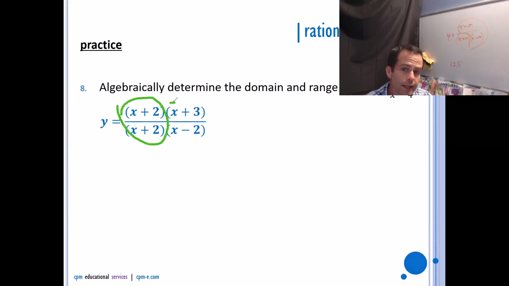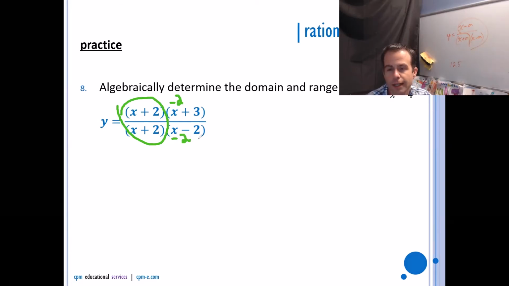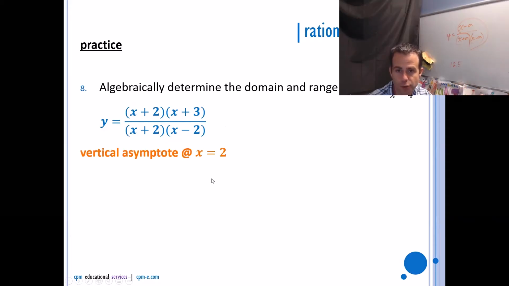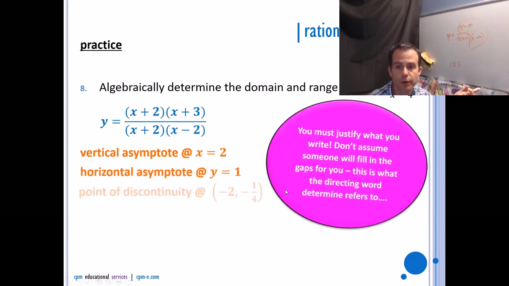Well, if I plugged -2 into the simplified version, that would get me -2 plus 3 on the top, which is 1. -2 minus 2 on the bottom, so that'd be -4. So 1 over -4, that's -1 over 4. Okay, so let's just clear that. I've got a vertical asymptote at x equals 2. I've got a horizontal asymptote at y equals 1. And I have a point of discontinuity at (-2, -1/4).